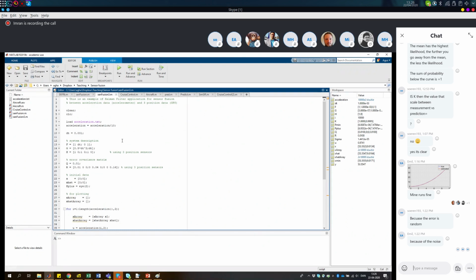How to do that is, when you have more than 1 sensor that gives you the same estimate, you can play with this matrix A. This is the measurement matrix. So instead of having 1 and 0, you can have 1, 0, and then the second row is 1, 0, and the third row is 1, 0. That is how to incorporate multiple sensors.